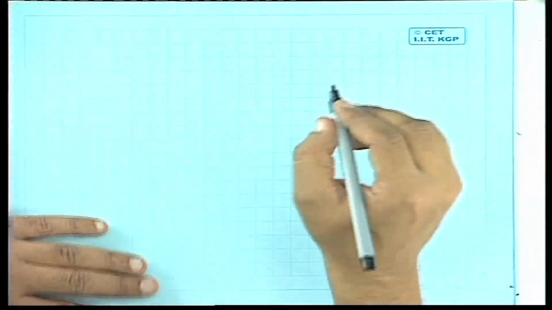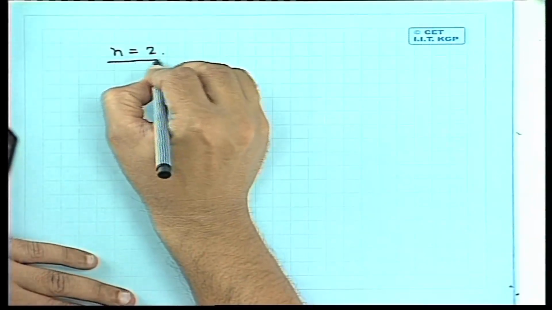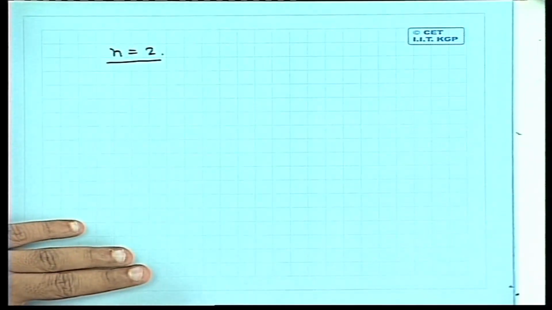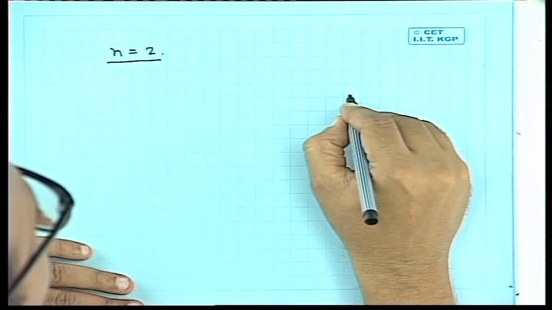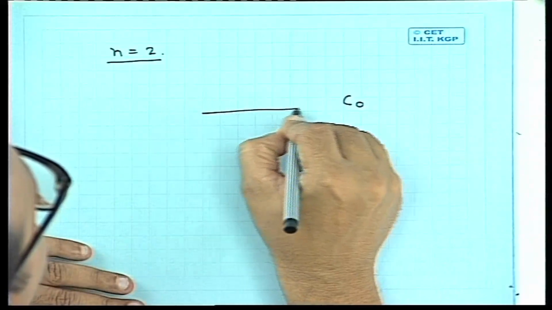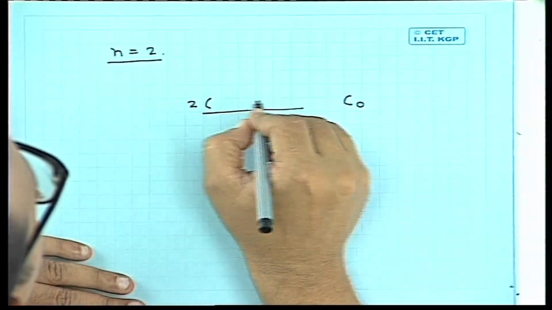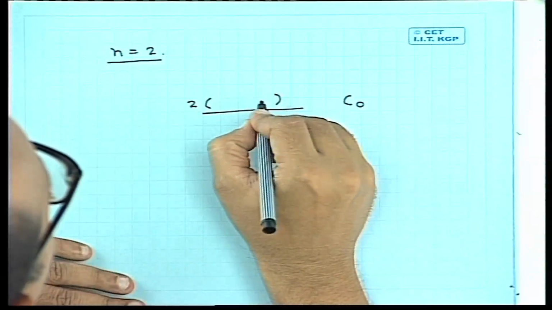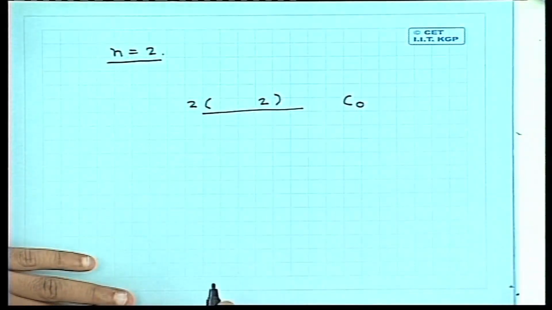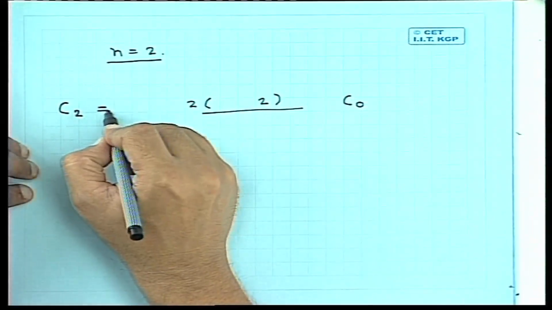So for n equal to 2, we start with C0, and we want to calculate C2 from this.